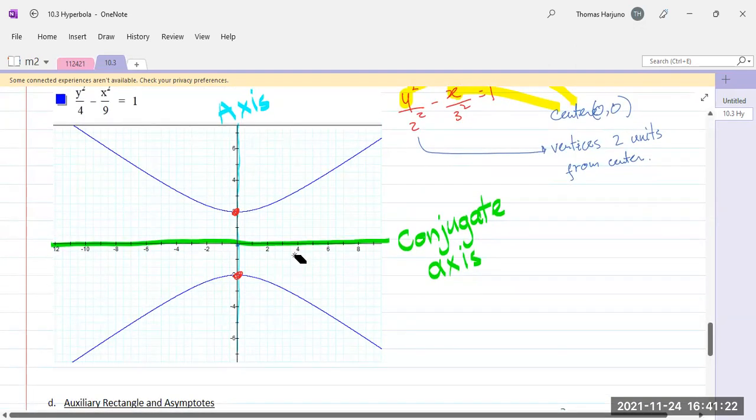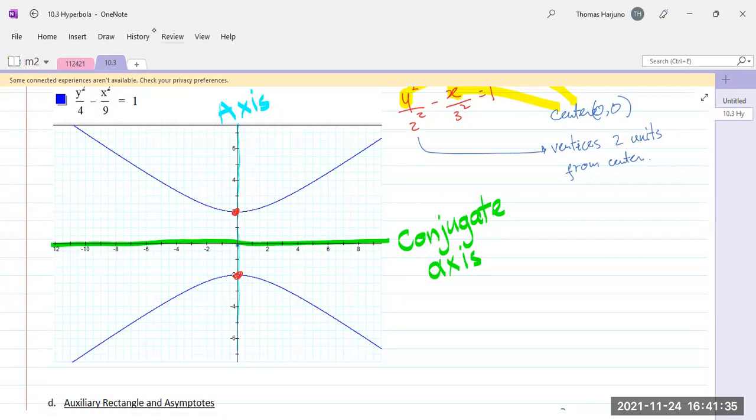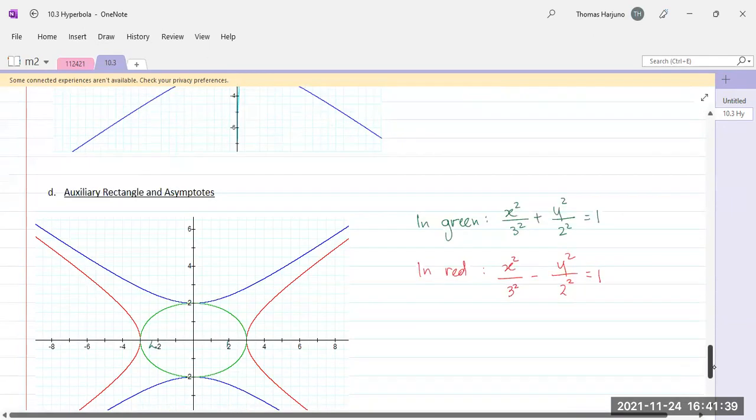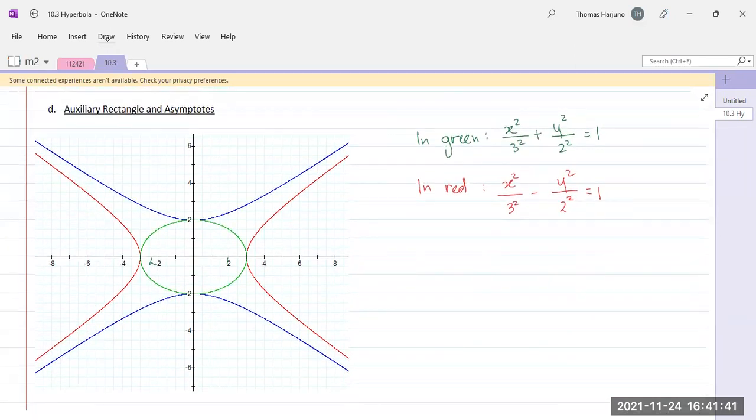We know from here that it must be y squared over 2 squared, but how do we know that it will be x squared over 3 squared? That's something we will do later on. Don't worry about that. Let's talk about this first.